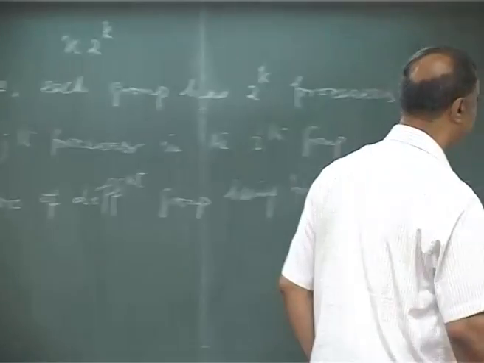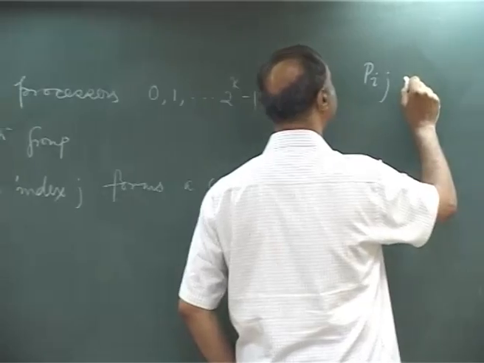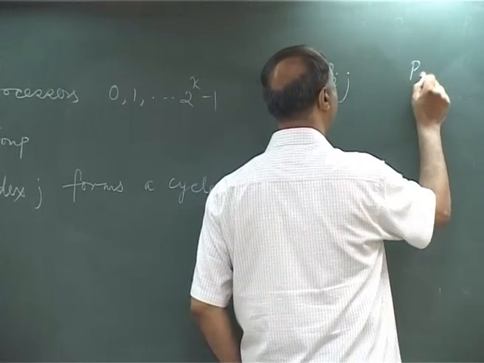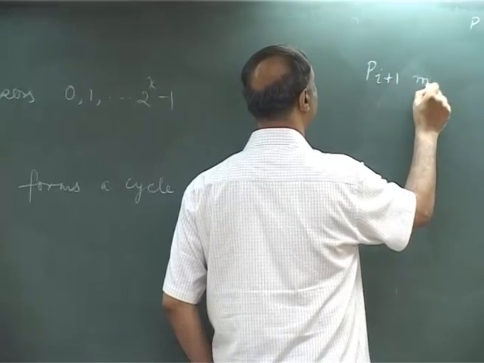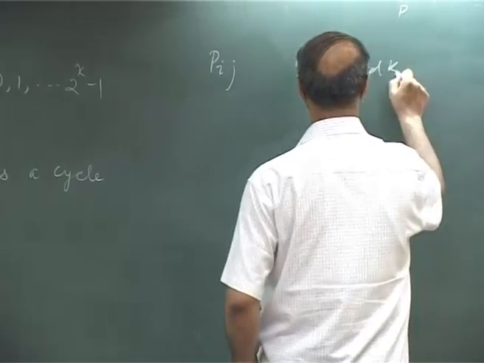That is, Pij is connected to Pi plus 1 mod k, j.